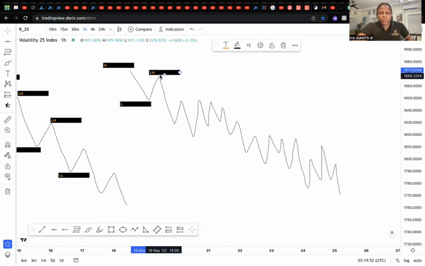All right. So after creating this lower high point, the market pretty much pushed down. We push down, creating this lower low because it's obvious this low point is actually lower than the previous low. So lower low. So we're going to put LL to represent that.